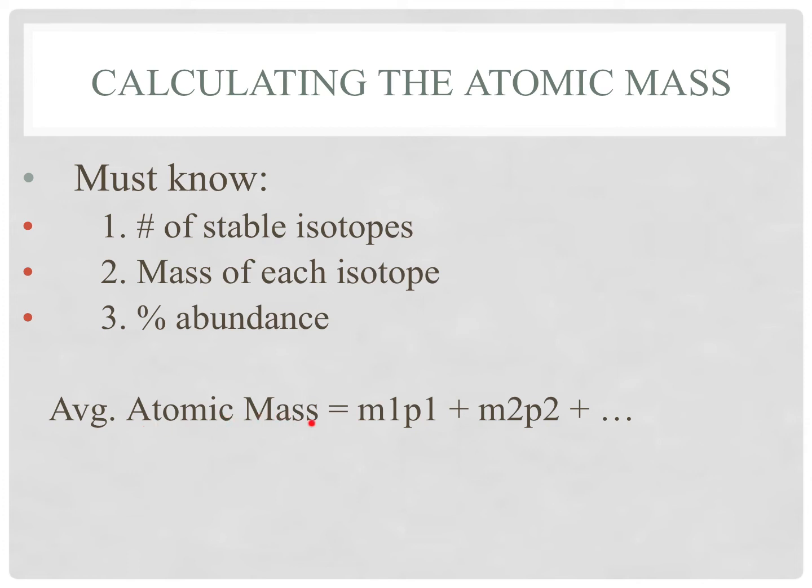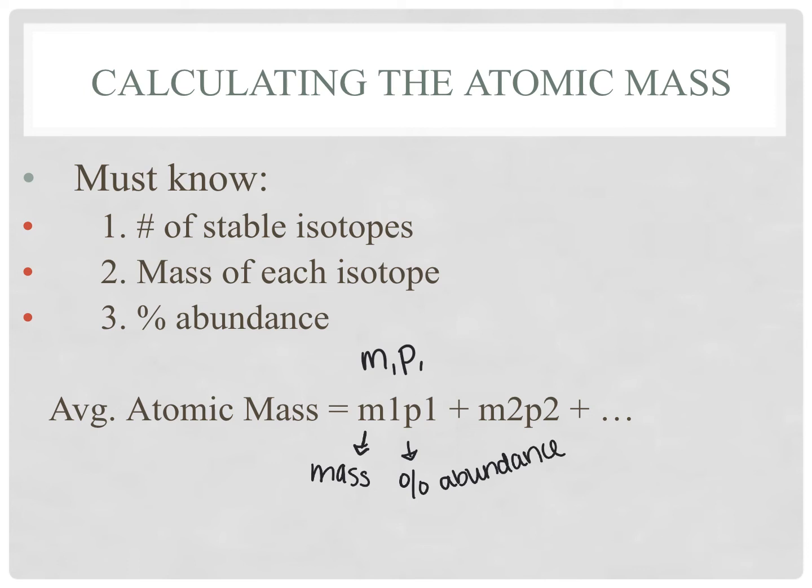Okay, so average atomic mass equals M1, the mass of the first isotope, times P1, the percent abundance of the first isotope. We'll write mass for M. My computer doesn't like the format, but it's M with a little 1 and then P with a little 1. P stands for percent abundance.